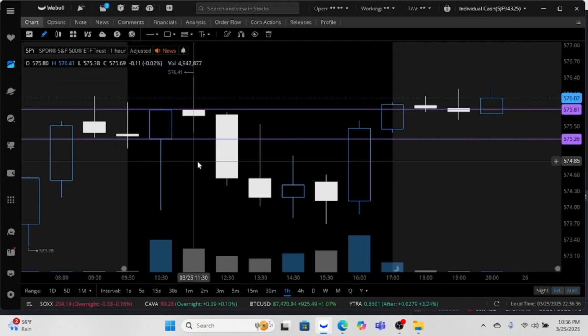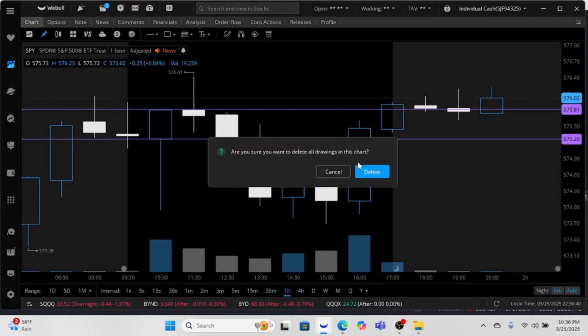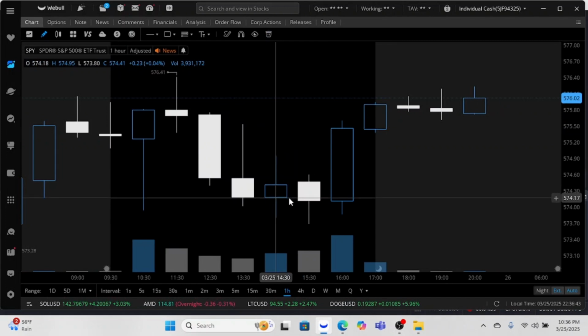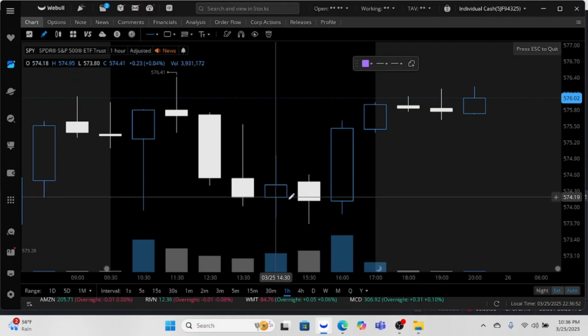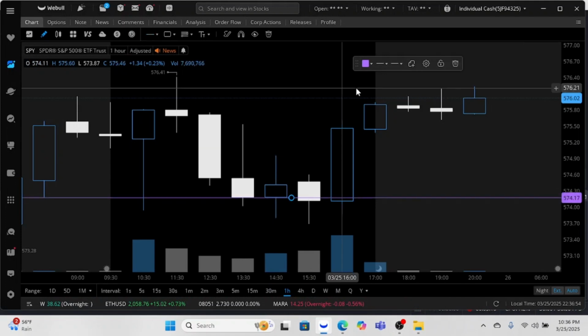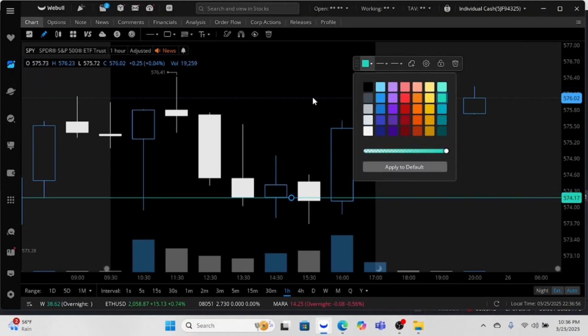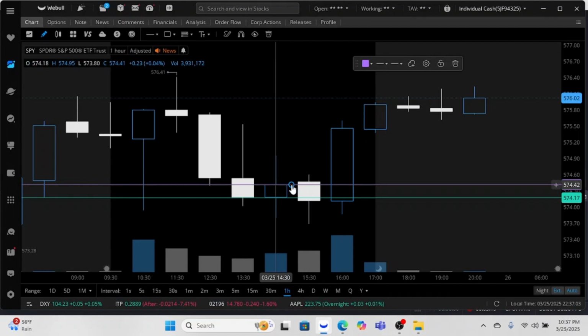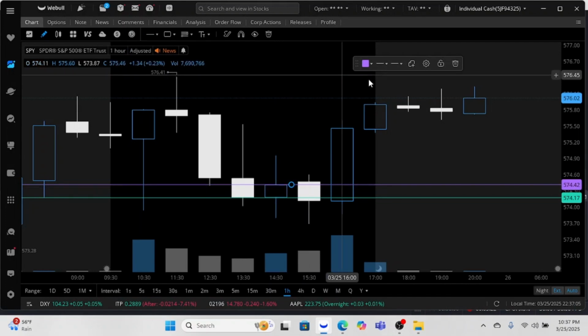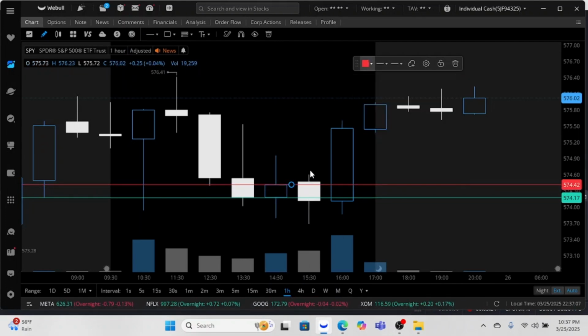Now, this is where the wicks come into play. Let me find a candle with a good wick. Something like this candle. So we open right here at 2:30. Price was right here. I'll mark that in green. And at 3:30, price is right here.